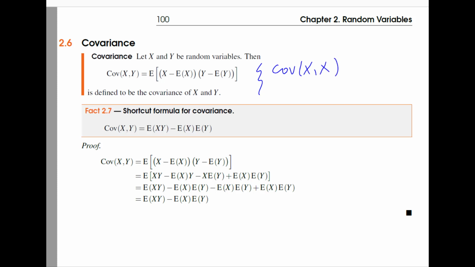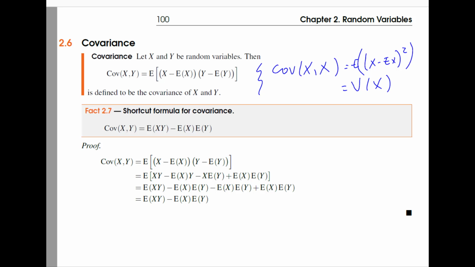When you compute the covariance of x and x, if you replace in the definition, you're going to have x minus E of x times x minus E of x, right? Which is squared. And that's the definition of variance. So covariance of a variable with itself is the variance, okay?